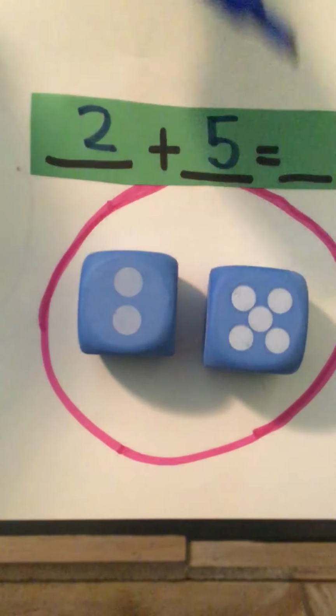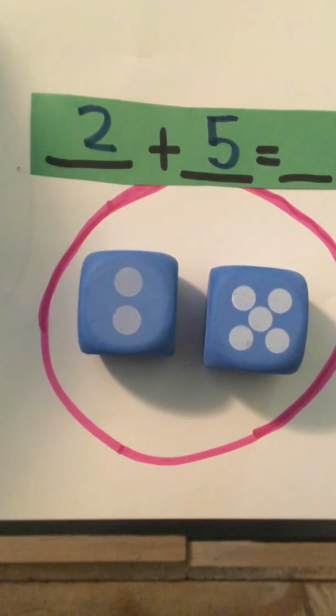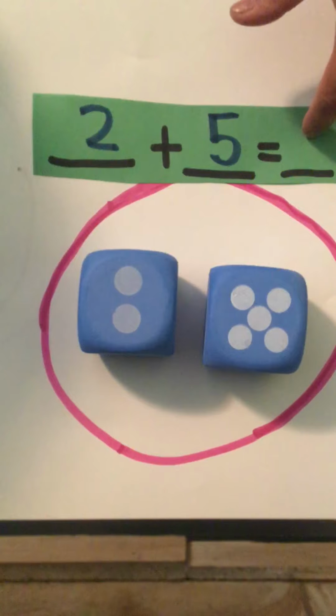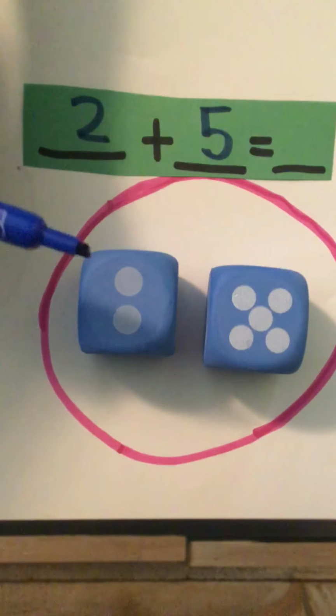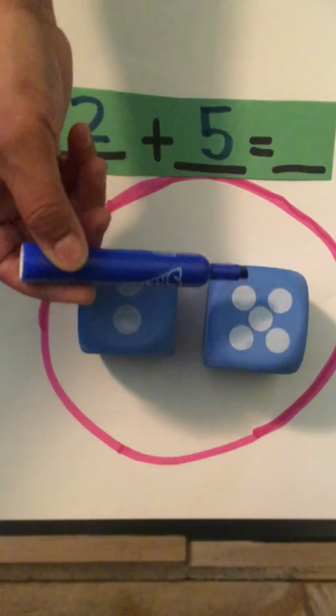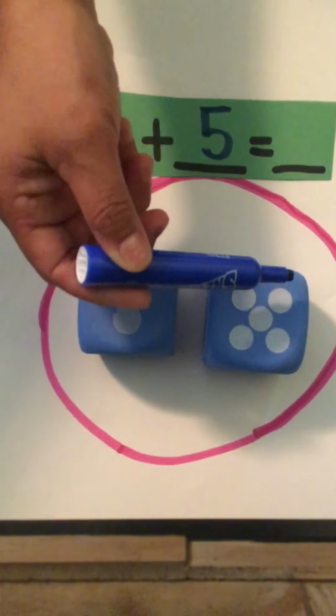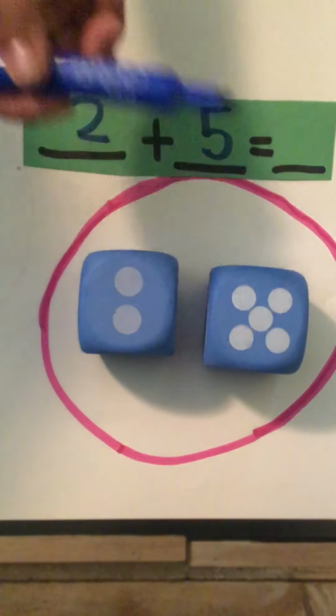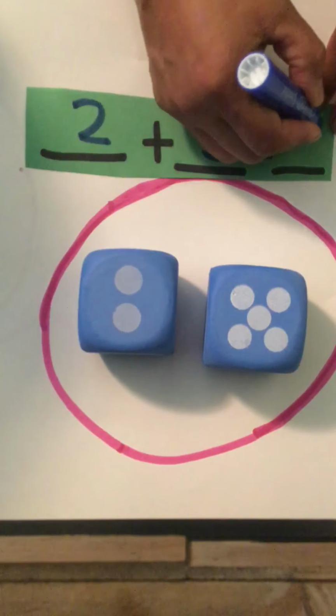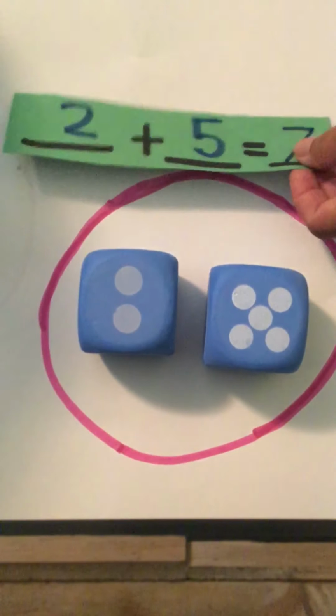That's right, join them and count how many in all. And then we're going to write the total number here, right? The number here shows us the total. Let's begin. 1, 2, 3, 4, 5, 6, 7. Good counting on. 2 and 5 is what? 7. Good job.